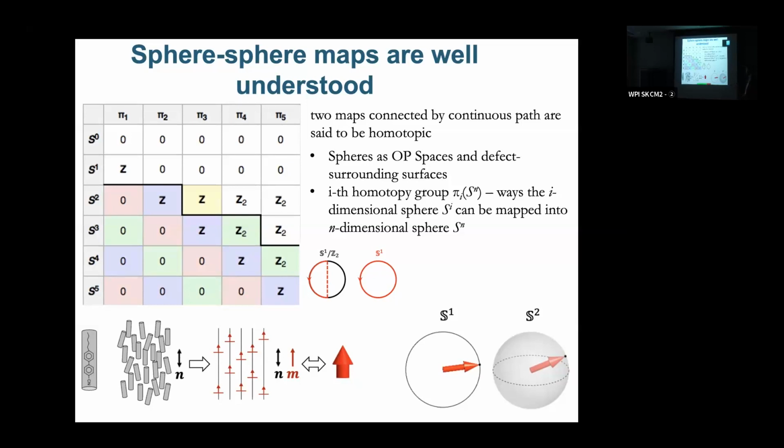So therefore, what we will do today is we will learn how mapping from physical or configurational space to order parameter space, which very often will correspond to mapping from one type of sphere to another type of sphere, although not universally always, but very often it will be the case, right?